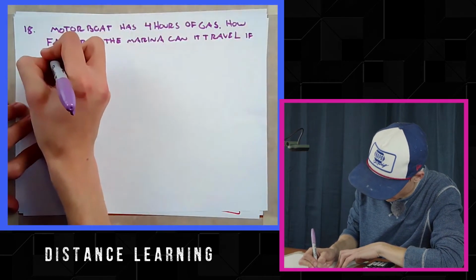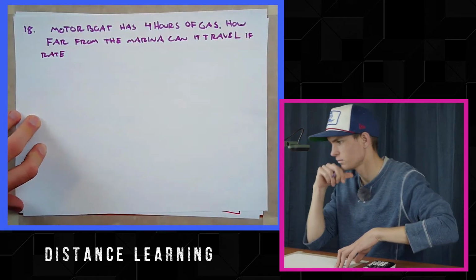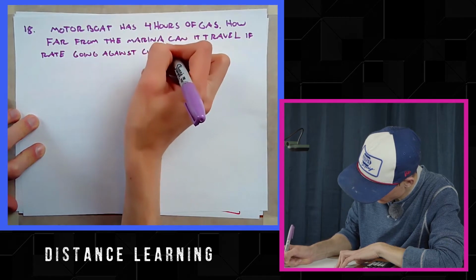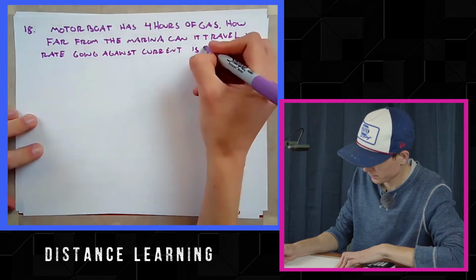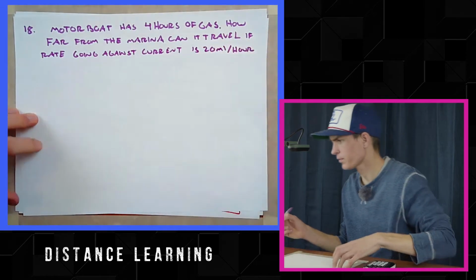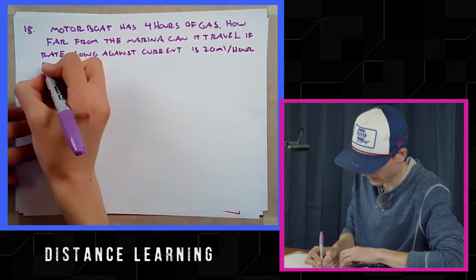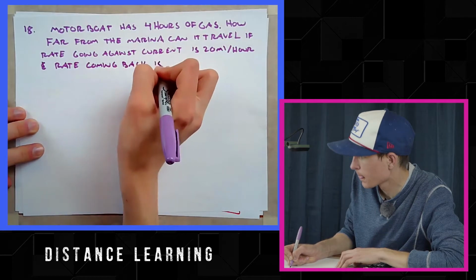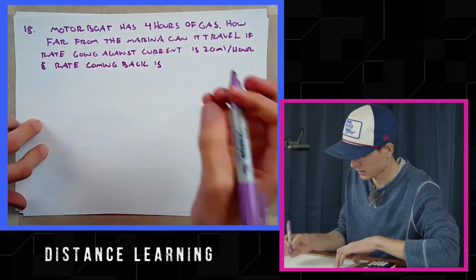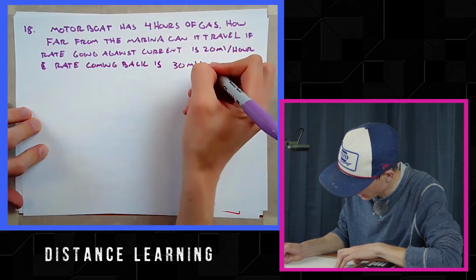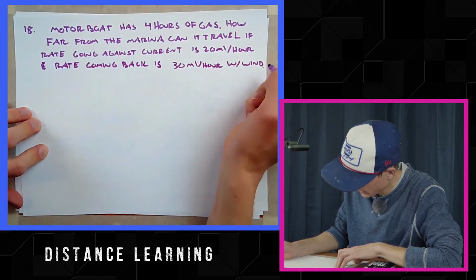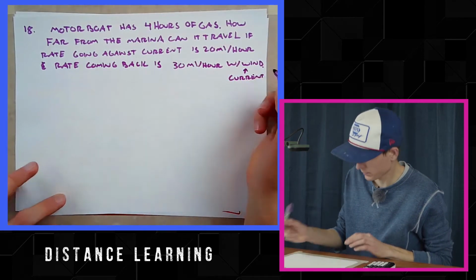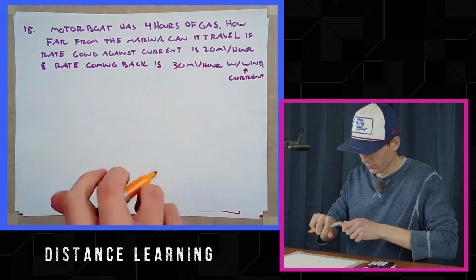If the rate going against the current is 20 miles per hour, and the rate coming back is 30 miles an hour, and that is with the current. All right, so what did we say our favorite formula is?